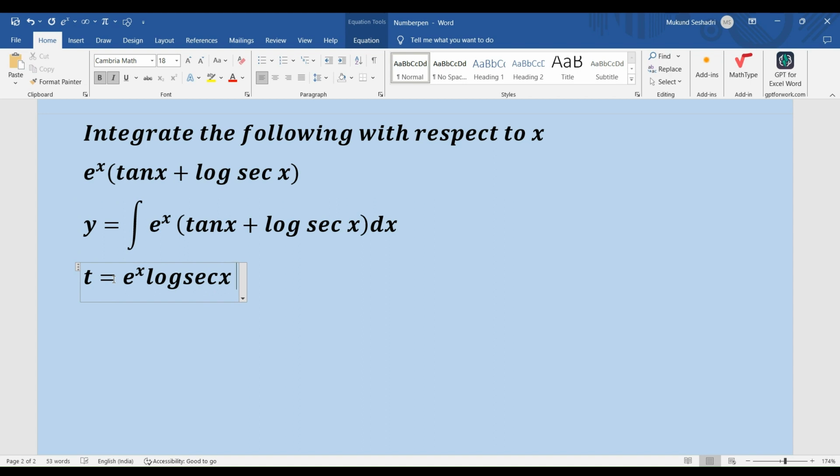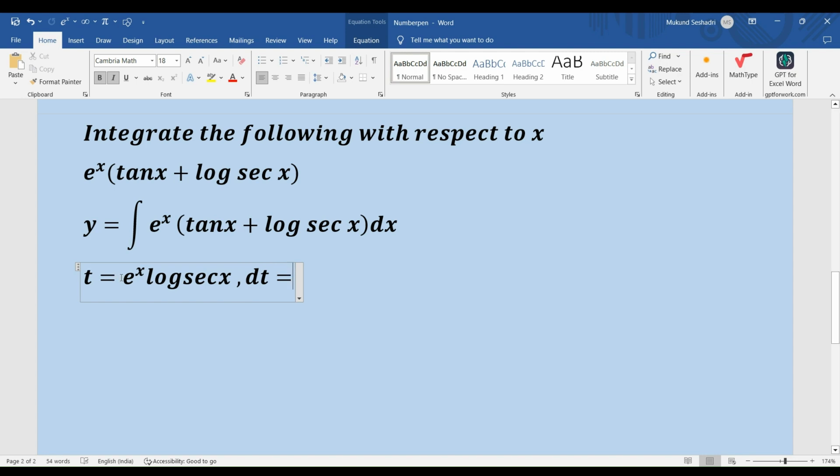Now I'll have to figure out what is my dt, right? So I differentiate on either side. My dt equals, I have a product of two functions, right? I have my e to the power x and I have log of secant x, right? Now what happens when I differentiate the RHS?